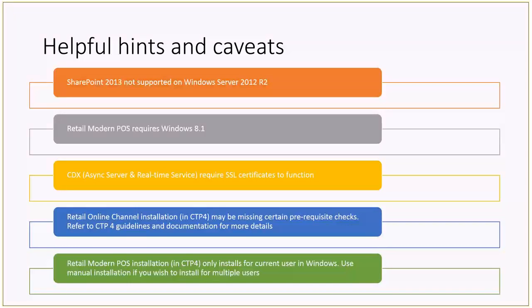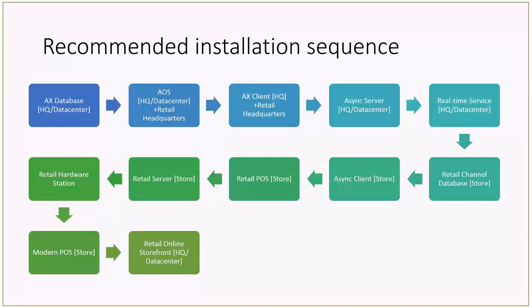Standard installation will only install it for the current user, and it will prevent other users on that same computer from installing that same component using AX setup again. So those are the caveats, and I already talked about the installation sequence.